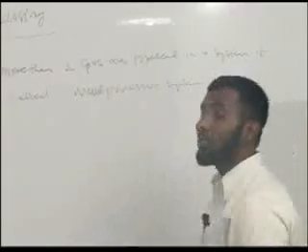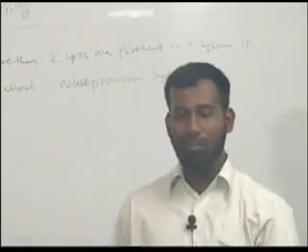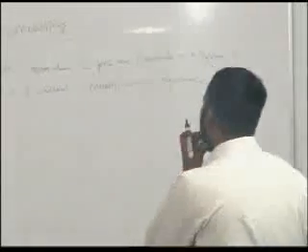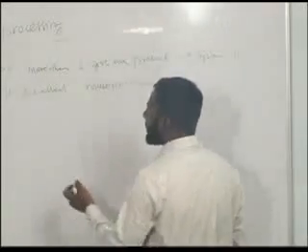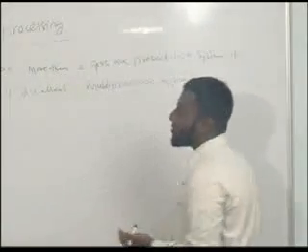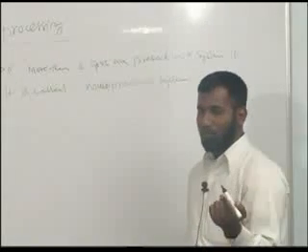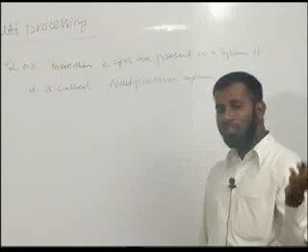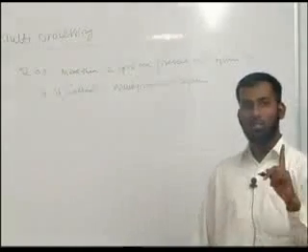And execution of multiple processes simultaneously on different processors is called multiprocessing. Earlier, in a time sharing system, we had only one CPU, one processor, and n number of processes, and all these processes were getting executed on a single CPU.